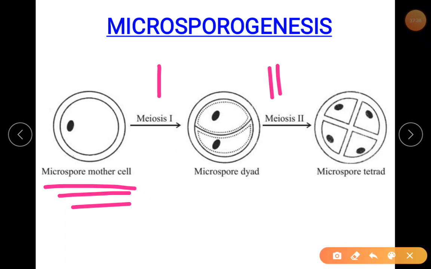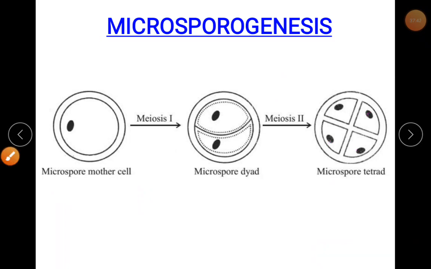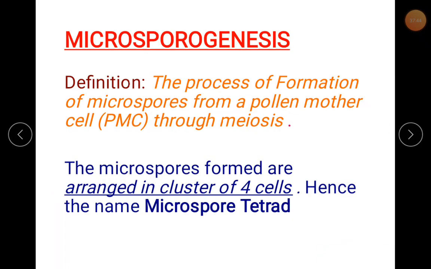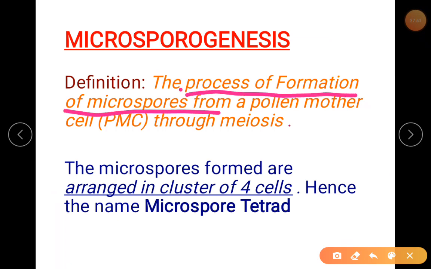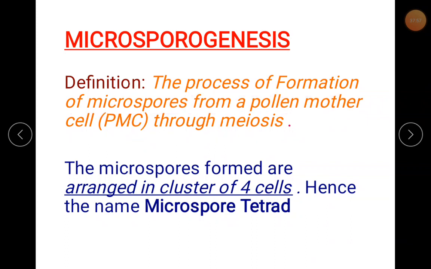You can find it first forms a dyad and then tetrad, meaning there are 4 haploid cells. So coming to the definition, it is the process of formation of microspores from pollen mother cell through meiosis.